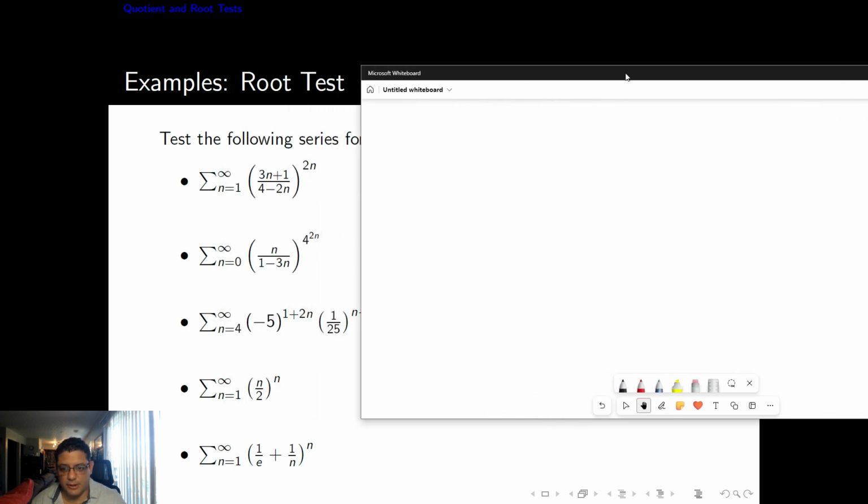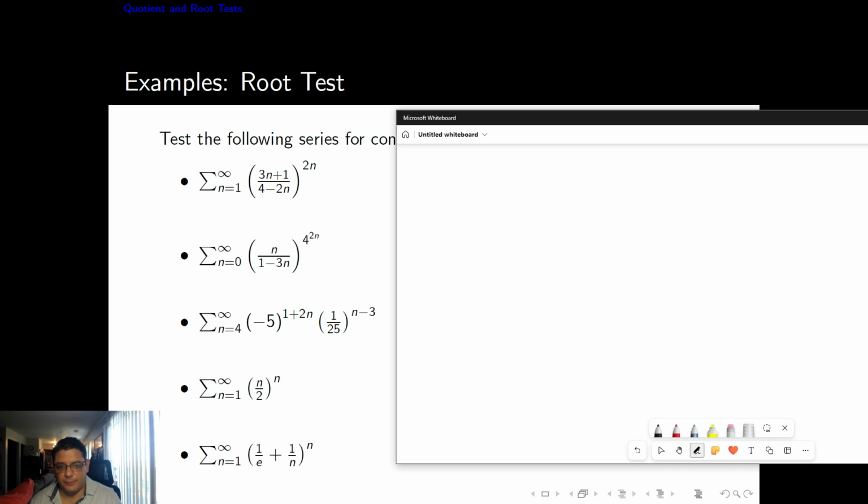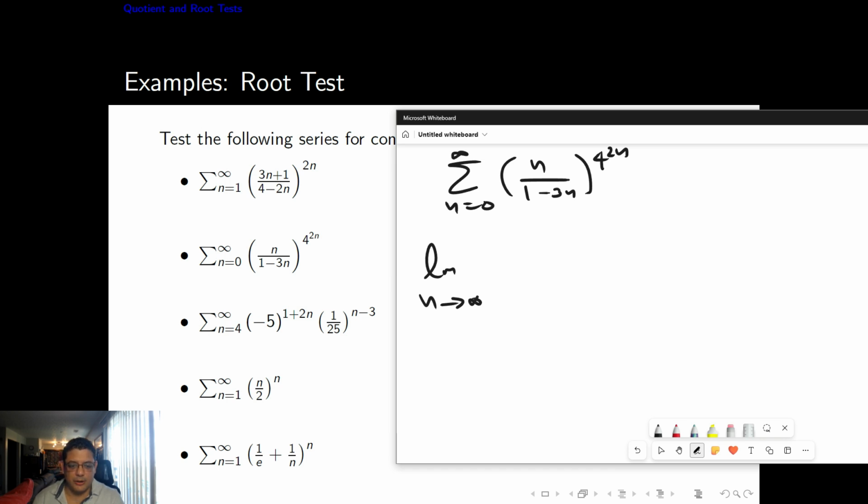Now let's see another example. Here we have the series from n equals 0 to infinity of n times (1 minus 3n) to the power 4 to the 2n. So this is a very clear root test example, since we can go ahead and take the root. So now I'm going to go to the limit when n goes to infinity directly of the n root of the absolute value of n times (1 minus 3n) to the 4 to the 2n.